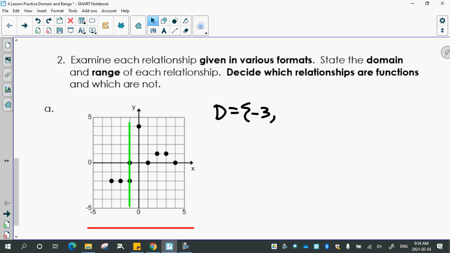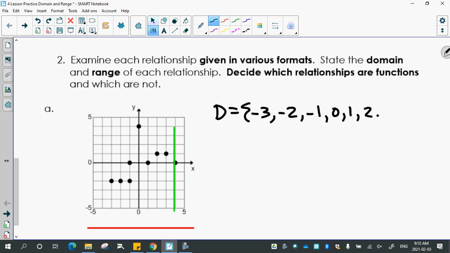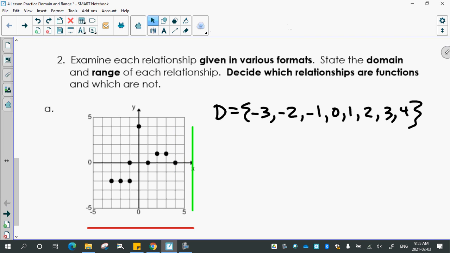You see here it makes it not a function at -1 because it goes through 2 points. So we've got -2 and -1. Then 0, 1, 2, 3, and 4. They all have a corresponding point. So there's my domain.